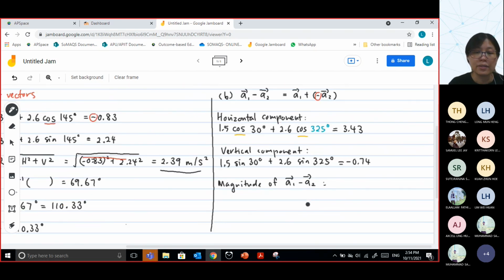So R equals the square root of 3.43 squared plus negative 0.74 squared.